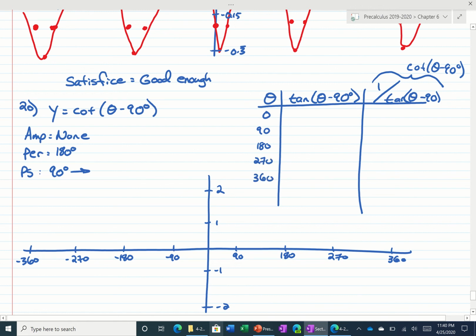All right, so let's see what we get here. Tangent of A minus 90, store 0. I'm getting undefined. Undefined means 0's on the bottom. I don't know what's on top, but if you take the reciprocal of that, 0 goes on top. Store 90.